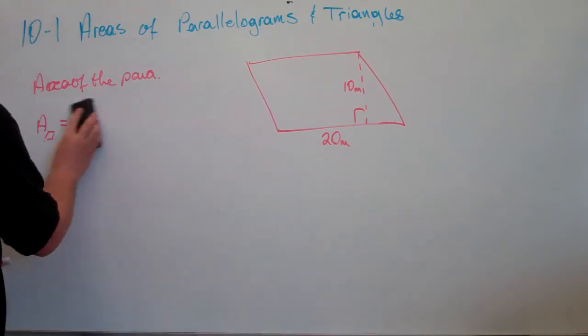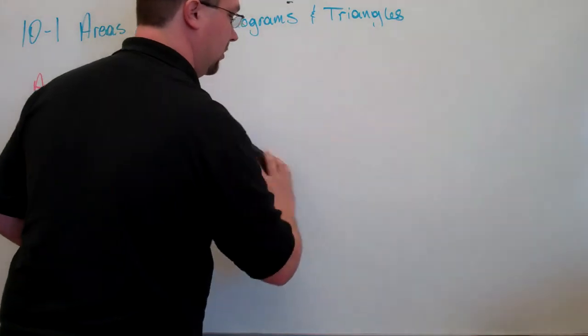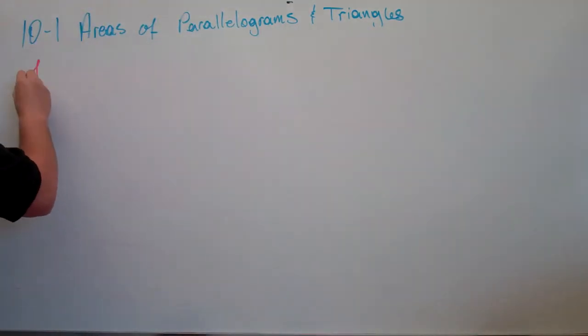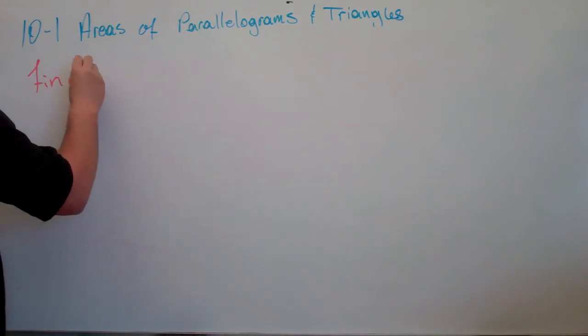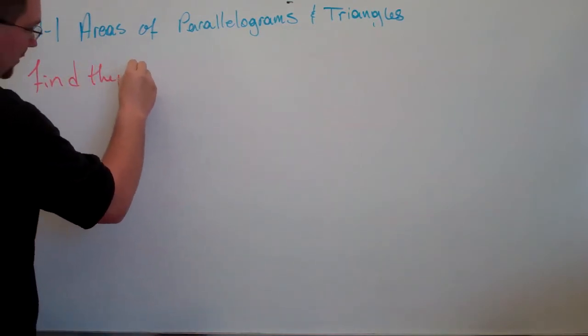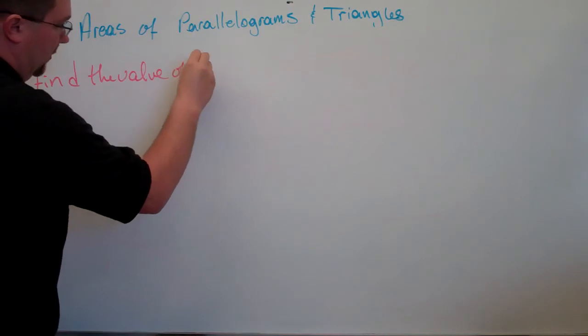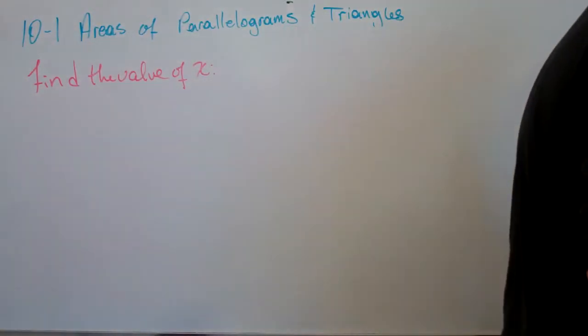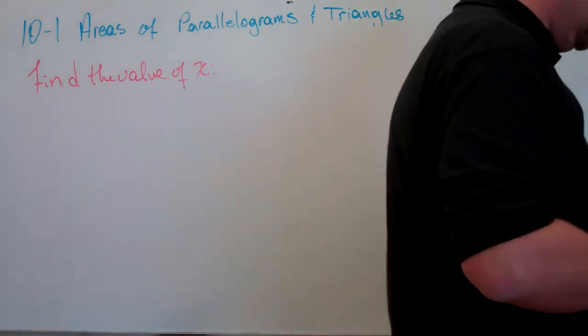Now, let's look at another example. And this will be the last one. What I want you to do is find the value of x. All right, I want you to find the value of x.